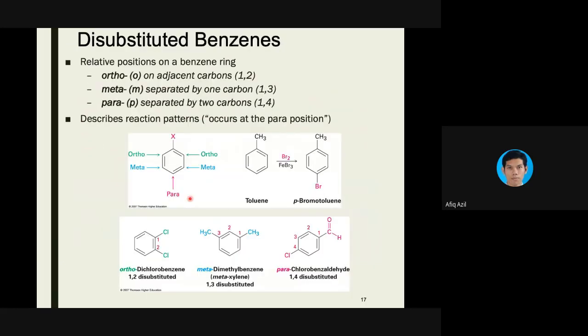So now we will see what this means. Earlier you have seen these letters in front: O, M, and P. They stand for ortho, meta, and para, and they are only used when you have di-substituted benzenes.